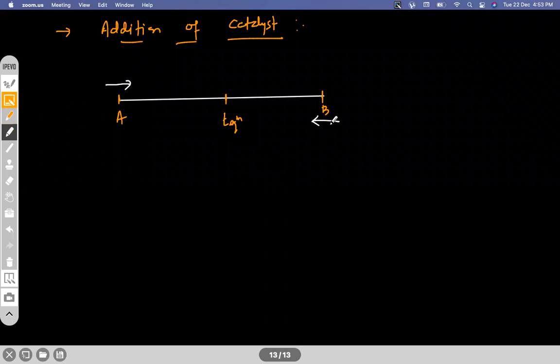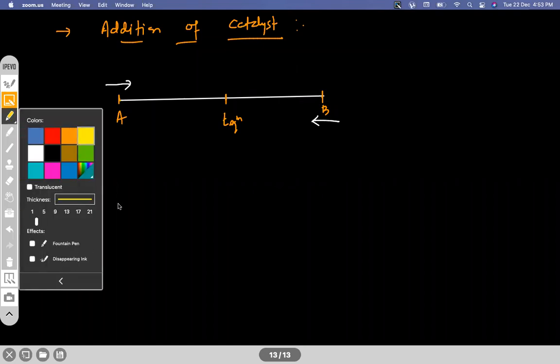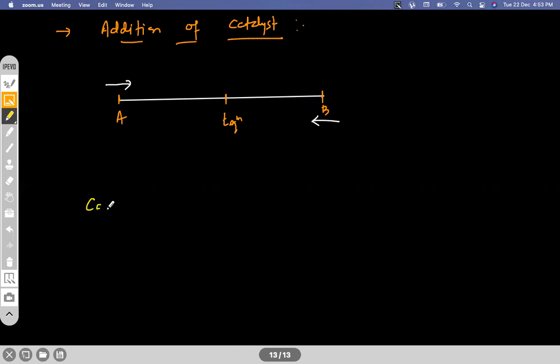If you talk about catalyst, we have two types. Generally, when we say catalyst, mainly we have two types of catalyst, that is positive catalyst or negative catalyst. When we say catalyst only, we mean that it is a positive catalyst.